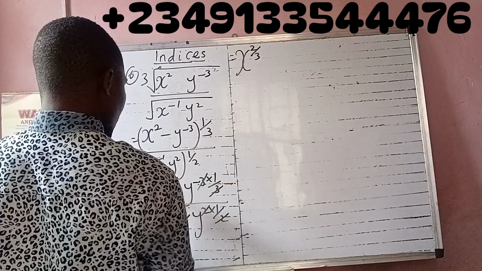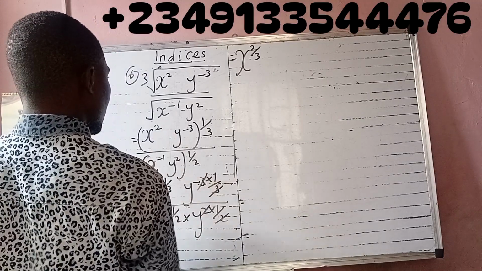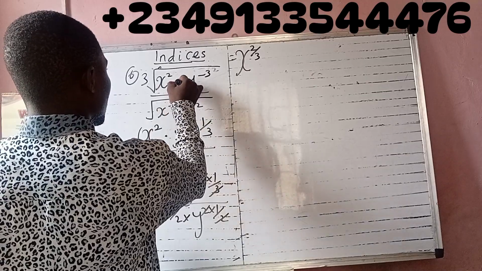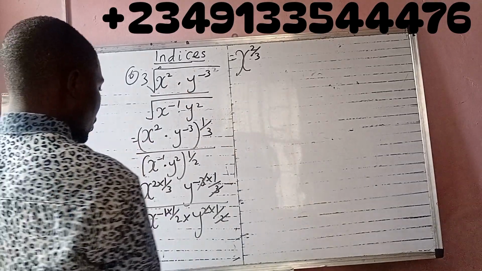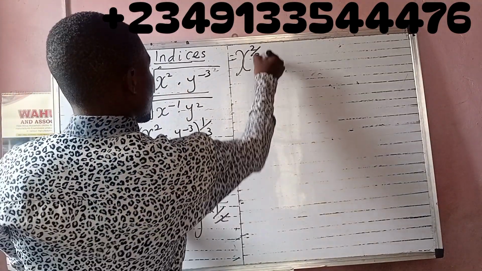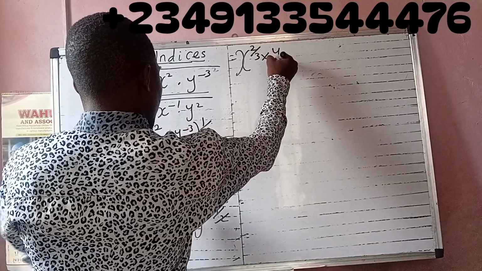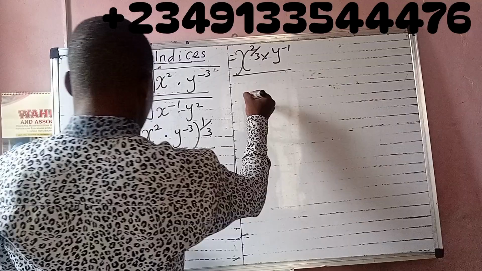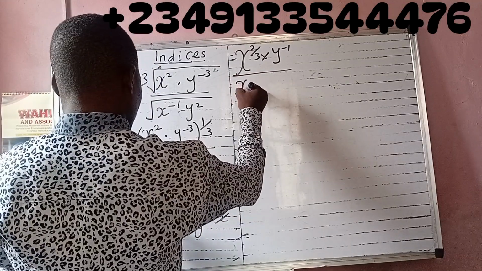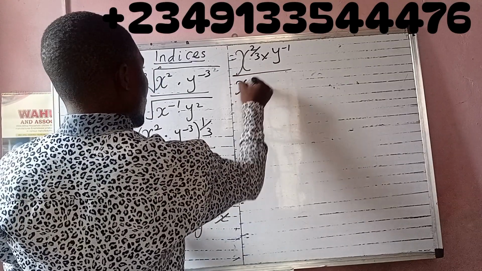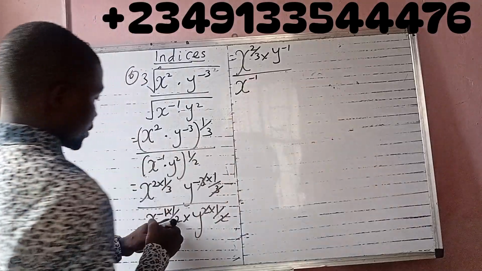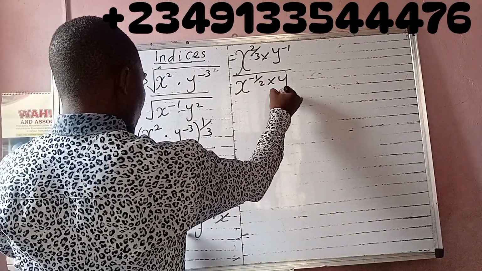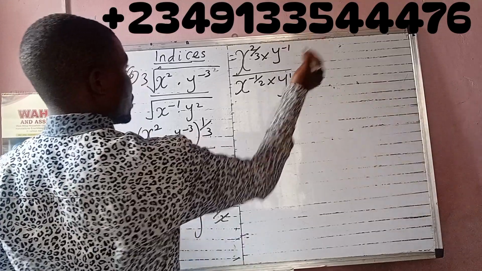So it has to be multiplication. So here now you have times y. So 3 cancel 3. You have only 2 here. We have x, you have minus 1 times 1 over 2, minus 1 over 2, times, you have y just 1.